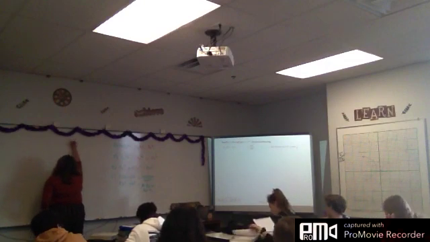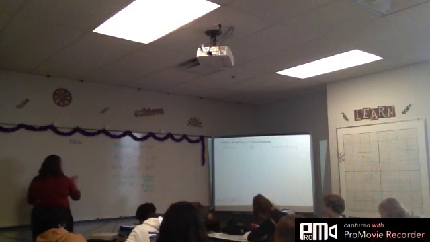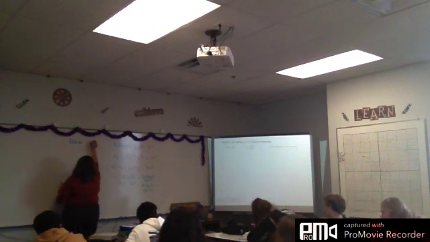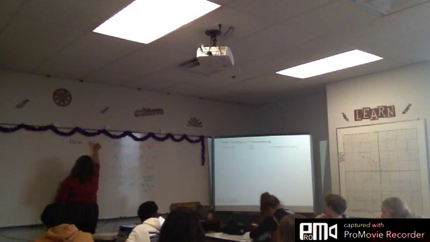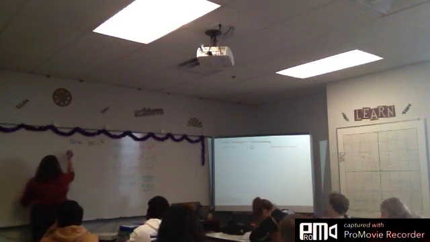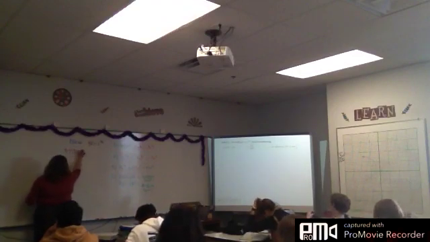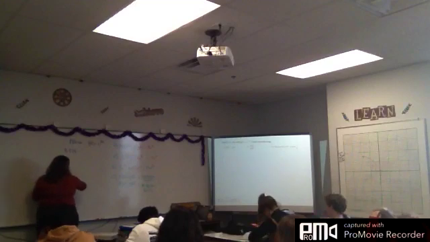F of x equals 6x. Okay, g of x equals x to the 3/4. They want us to multiply these together first. What is f of x times g of x?